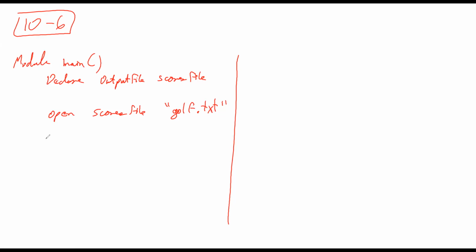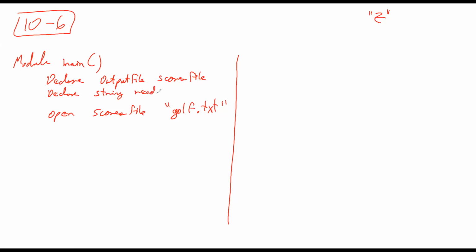We also need to tell the program when to stop. So by convention, there are no players named X or Z. So when we type the letter Z, the program will stop. That means we want to initialize a variable, and I'm going to call it read player. I'm going to say it's a string.